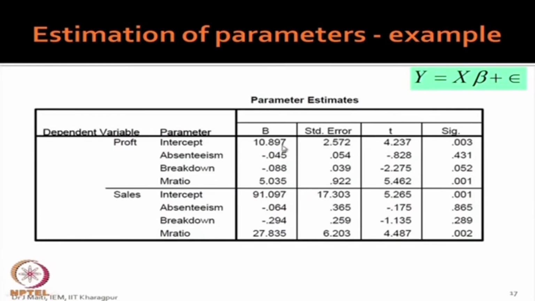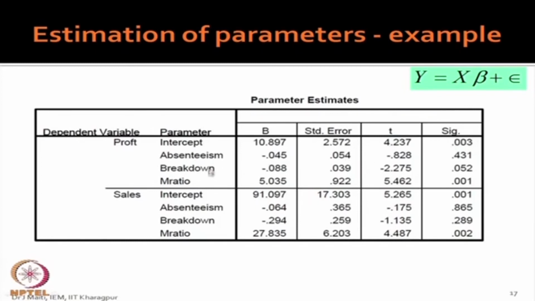So, 10.89 divided by 2.572, how much is it coming? If I multiply this by 4, I think it comes to exactly 4.237. So the t value is 4.237, which is quite a large value, and the significance level is 0.003.